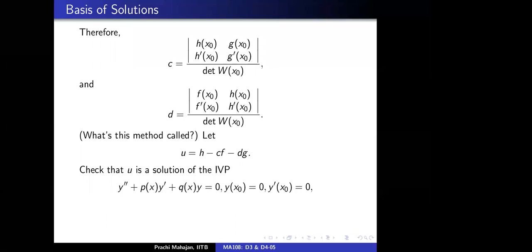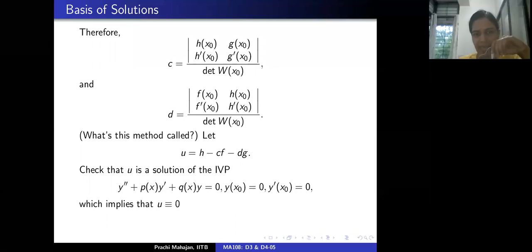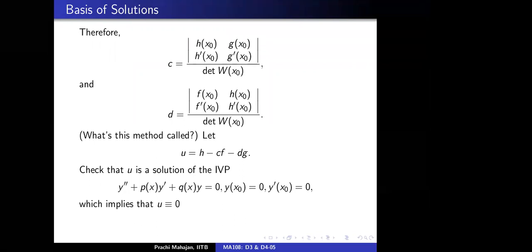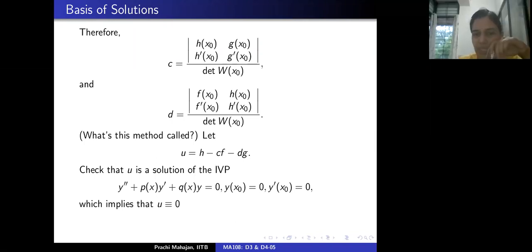Which implies that U must be identically 0. Why is that the case? The uniqueness theorem. So we are using here the uniqueness of the solution of the following initial value problem. I have a second order linear homogeneous ordinary differential equation with some initial data available. P and Q are assumed to be continuous.